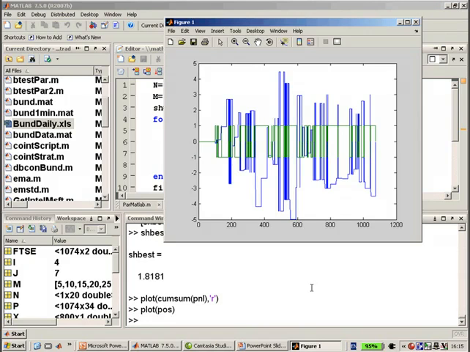Green is the position of one and blue of the other. You can see that we do trade quite a lot over the period of nearly 4 years or so, and we do vary our positions, but not outrageously so. Sometimes we hold our positions for quite a long time, which is what we would hope to see.